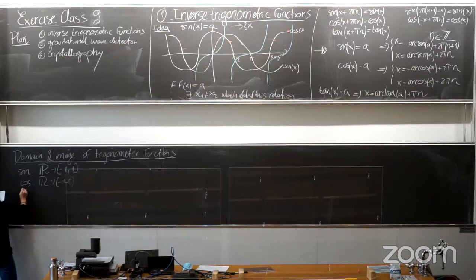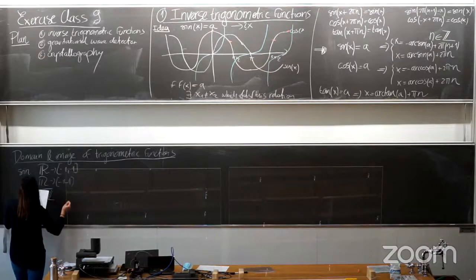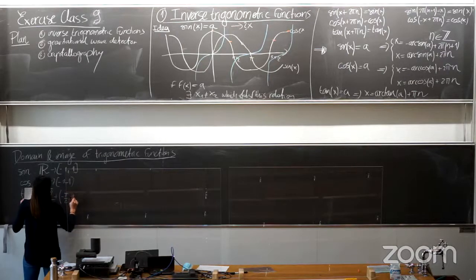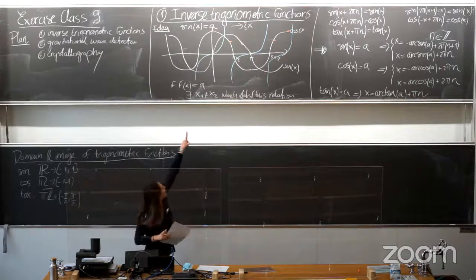And for the tangent function, what you have to be aware of is that if the cosinus at that point is 0, then it's not defined. So it's minus or plus infinity, as you can see in this graph.